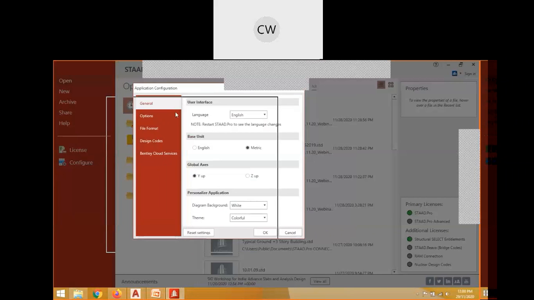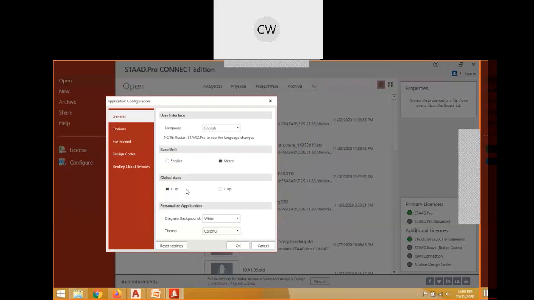Once you do that, it will ask you what type of unit you are going to use in your model generation. There is a tab called general. The language is English, and the base unit is metric. If you keep the unit as English, your unit will be English throughout the model, so keep it as metric, the SI system.